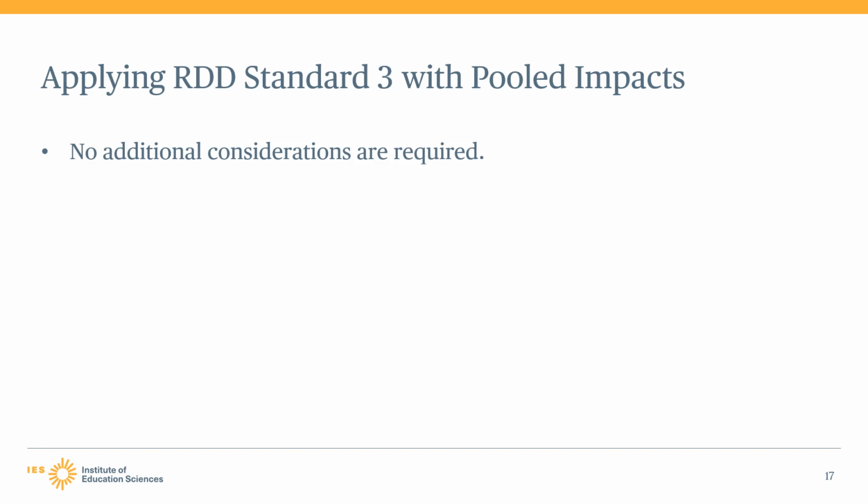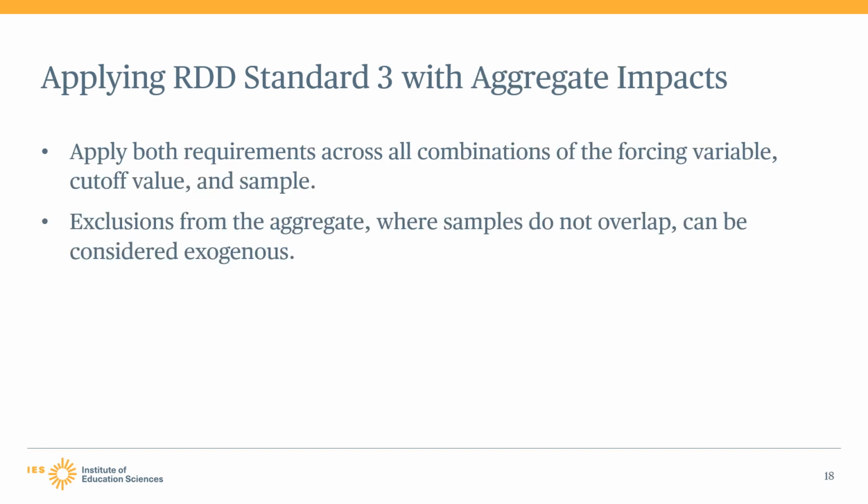When reviewers assess RDD Standard 3 for RDDs reporting pooled impacts, there are no additional considerations needed. However, when RDDs report aggregate impacts, there are a few additional considerations needed when reviewers are assessing RDD Standard 3.